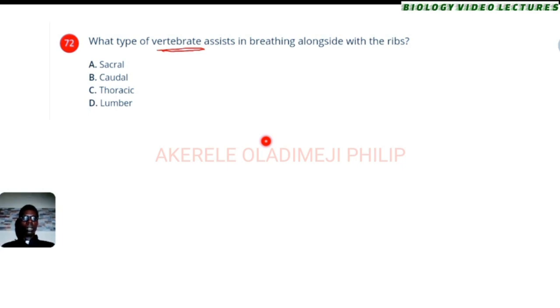Well, that's going to be thoracic, because the thoracic vertebra is the one that has the ribs connected to it. The ribs are attached to the thoracic vertebra at the back, and to the sternum in the front. All right.